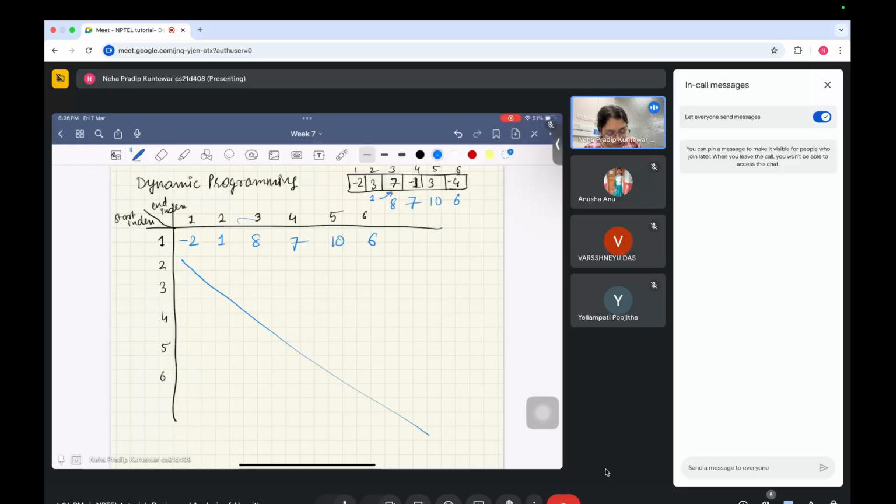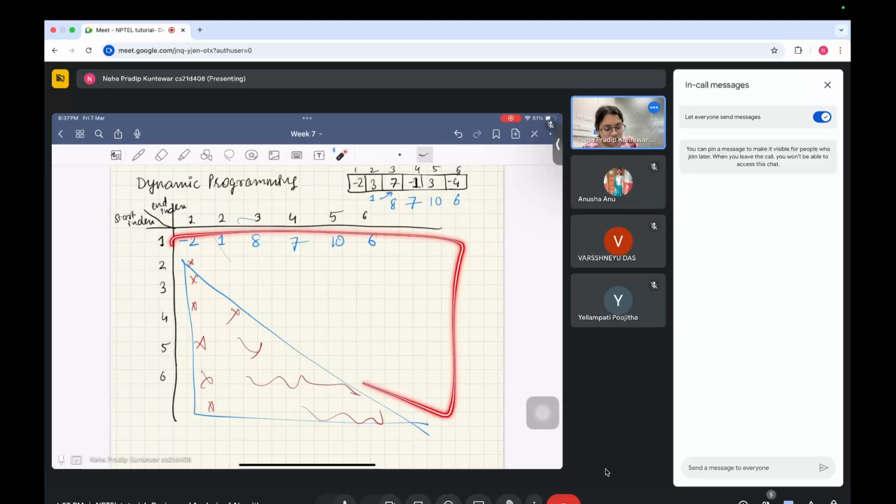So this part of the matrix is useless, because it does not mean anything to say that the array starts here and ends at 1, or starts at 5 and ends at, because we always go from left to right. So all these values are redundant, so you can assume that these are zeros. I'll just cross off this part. I'm only going to look at this part of the table. Only these are the values that matter.